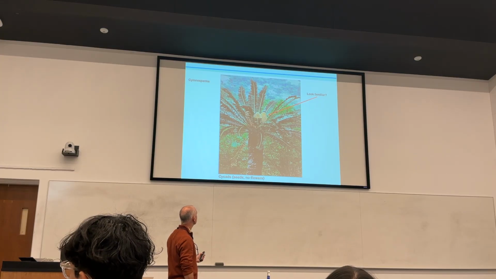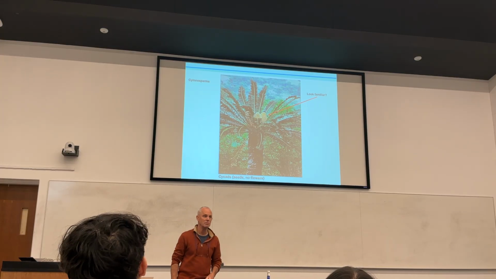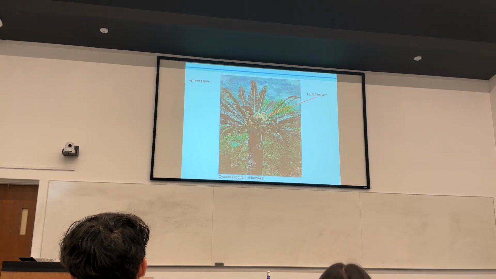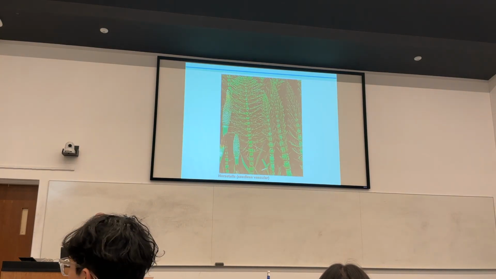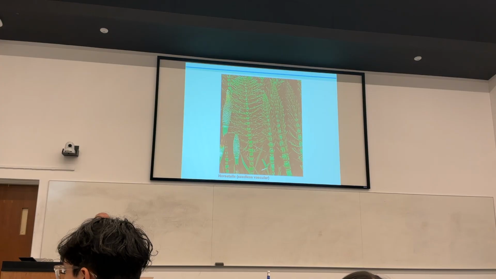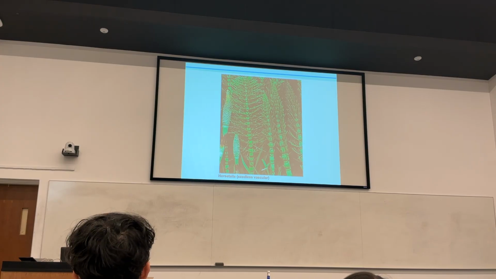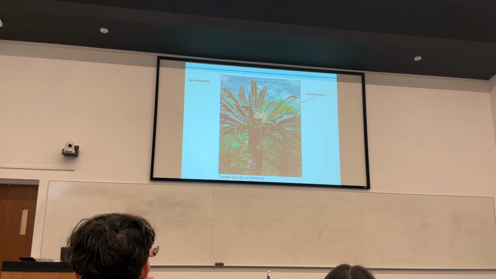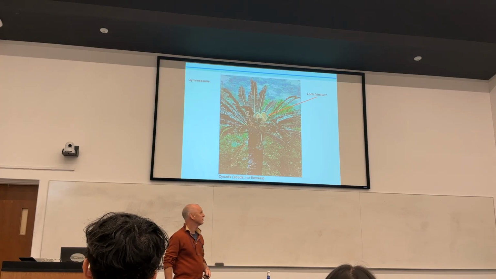Well, hey, look at that structure here. Look familiar? Y'all should say, yeah. Looks a lot like that structure there. All right? But now, instead of producing spores, it's producing seeds. Okay?